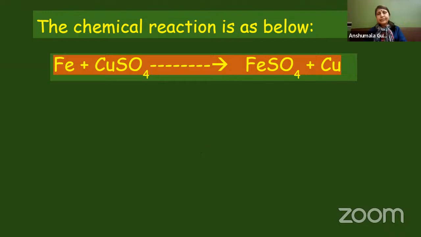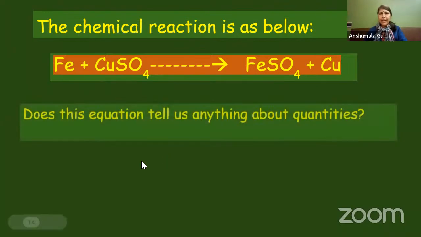A student might say that an atom of iron has this atomic weight, or the molecular weight of copper sulfate might be so much, and I just have one molecule of copper sulfate, so that is the weight. Yes, exactly. So we know the atomic weights.